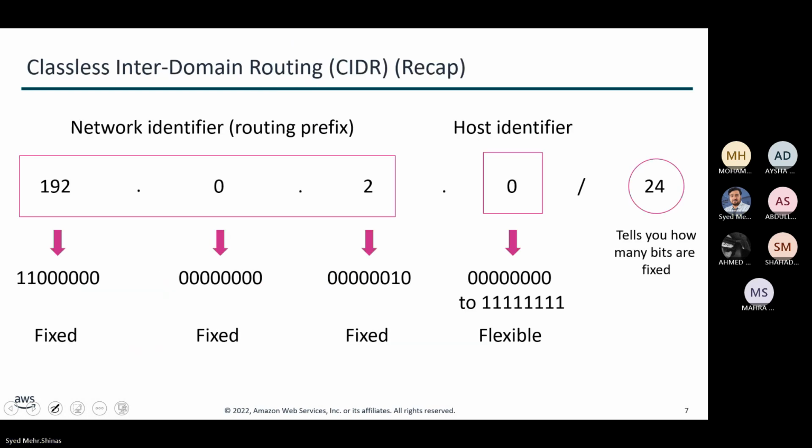So if you see classless inter-domain routing, CIDR, here is an IP address: 192.0.2.0/24. Okay, this /24, what does it mean? Can anyone tell me?